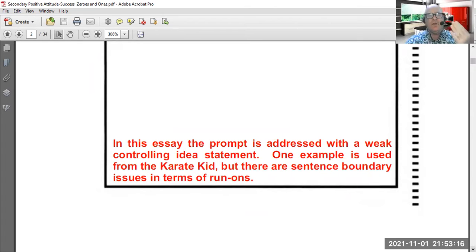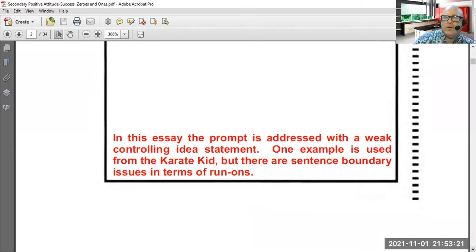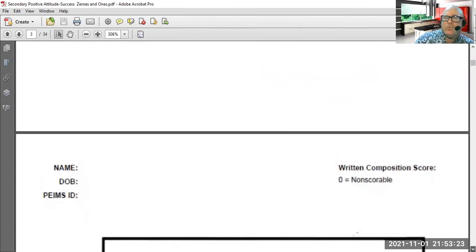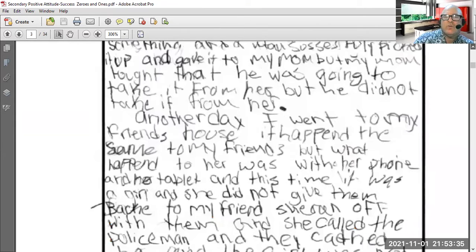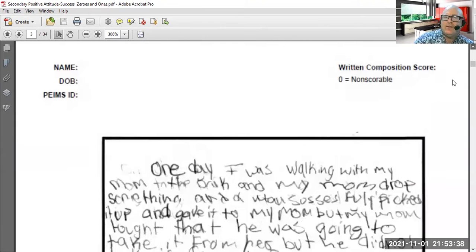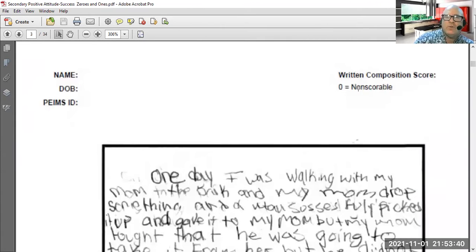And so what I did for you secondary teachers, I went ahead and wrote on the bottom, because our 911 is in December, we've got to at least get those kids who are in 0 land to 1 land. And so if you look through here, then you can see this person, 2 different people felt like it was unscorable.